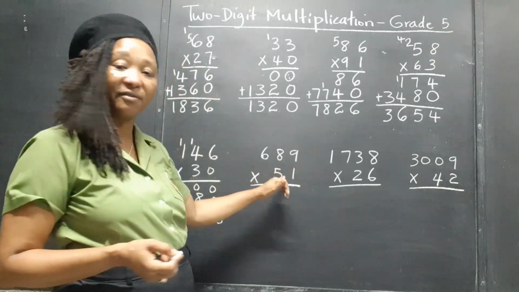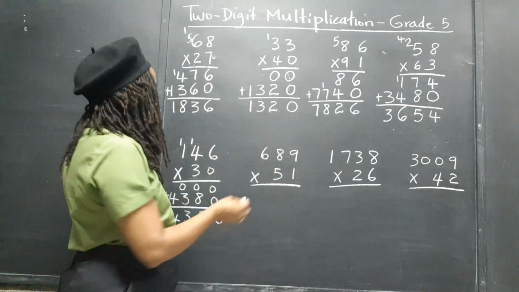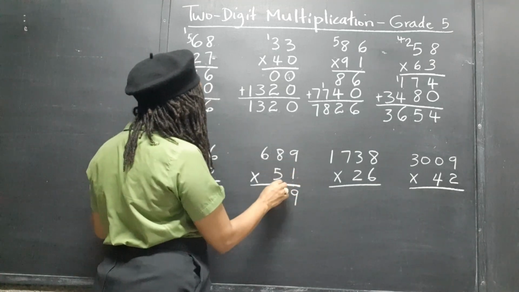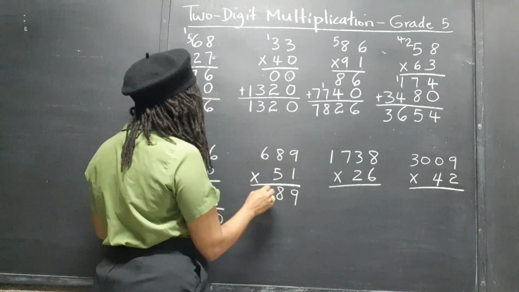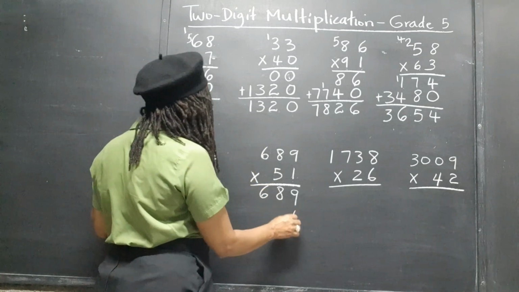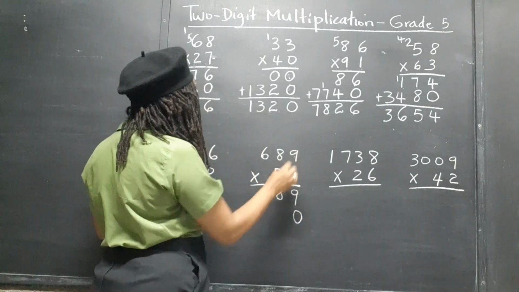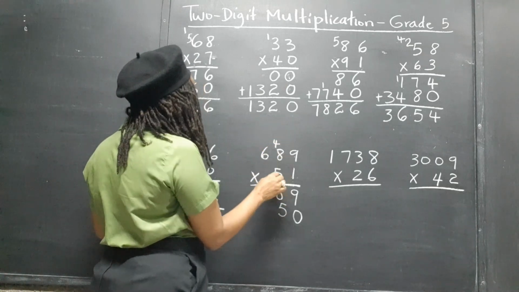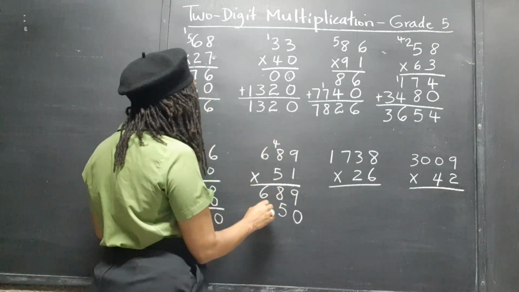689 times 51. So 1 times 9, that's 9. 1 times 8, 8. 1 times 6, 6. Put your 0 at the end. 5 9s are 45. That's 5, carry 4. 5 8s are 40 plus 4, 44.